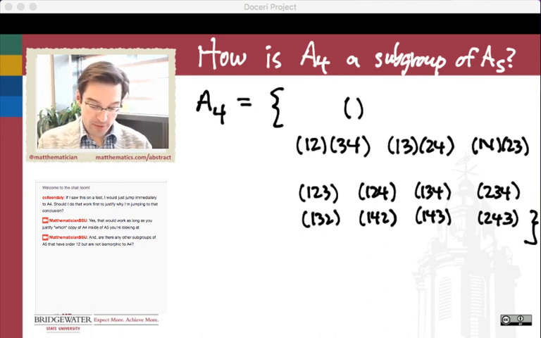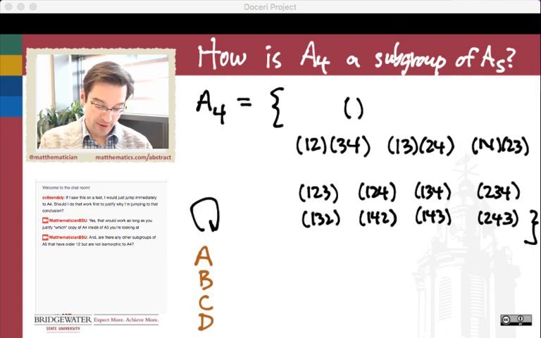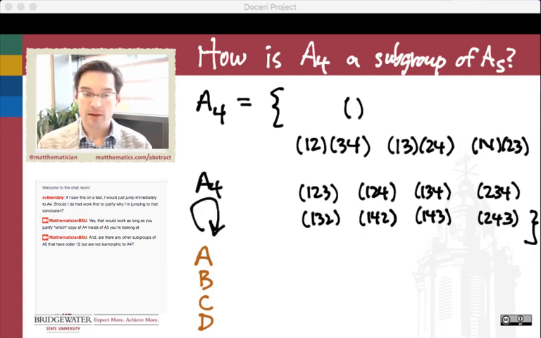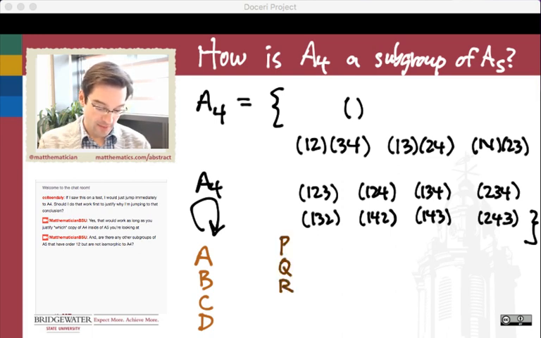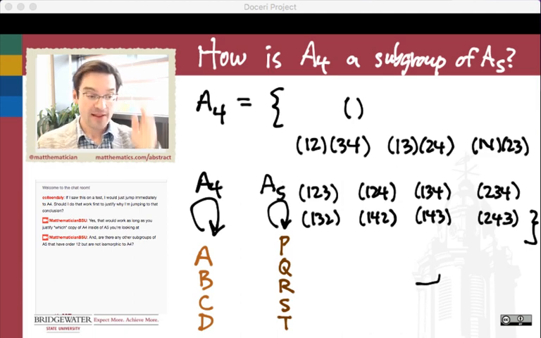And so the question is, if we're going from 4 symbols, let's suppose that my symbols are called A, B, C, and D, and my group A4 is acting upon that set of 4 things. Well, the group A5 is going to be acting on a set of 5 symbols. So let's call those symbols something new: P, Q, R, S, and T. And A5 is going to be acting as even permutations on that set.